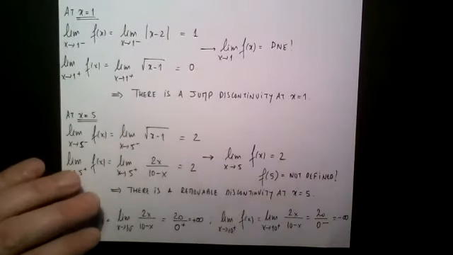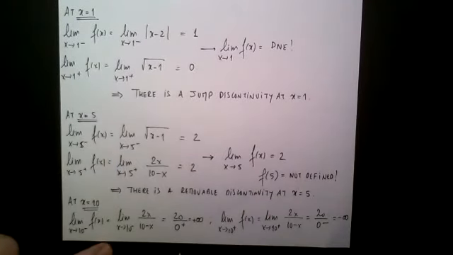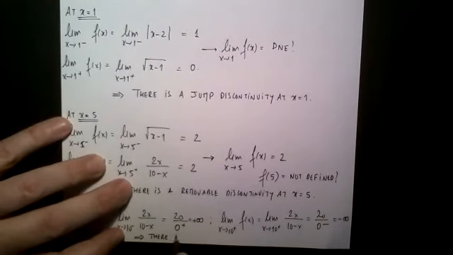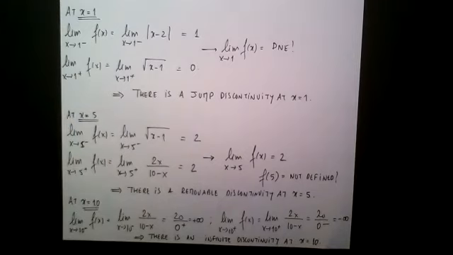And so there's a type of discontinuity which is called an infinite discontinuity. I'm going to write it like this: there is an infinite discontinuity at x equals 10. That was question number 3.